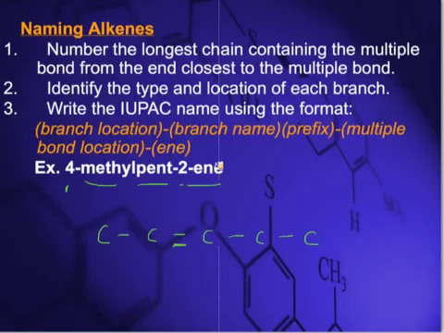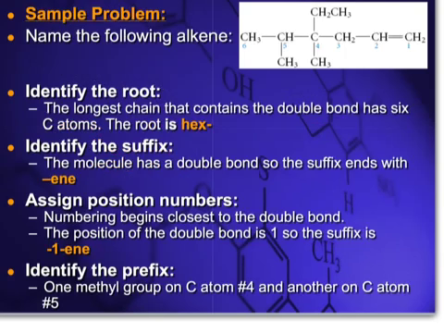We fill in the other hydrogens so that each carbon has 8 electrons. So there should be 3 hydrogens here, 1 hydrogen here, 1 here, 1 here, and 3 here. That will be the condensed structural formula for 4-methylpent-2-ene.